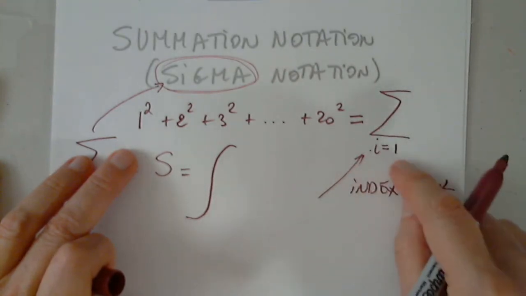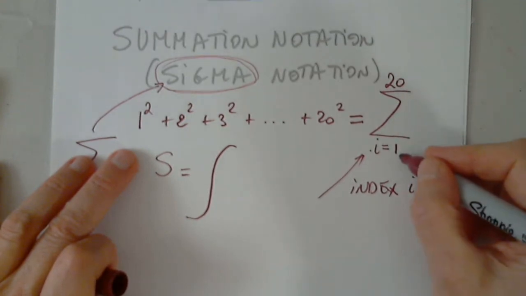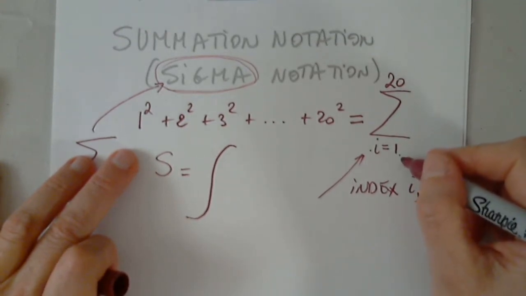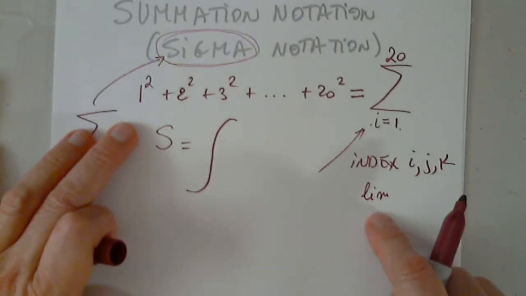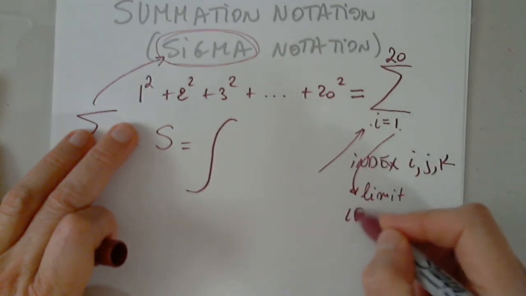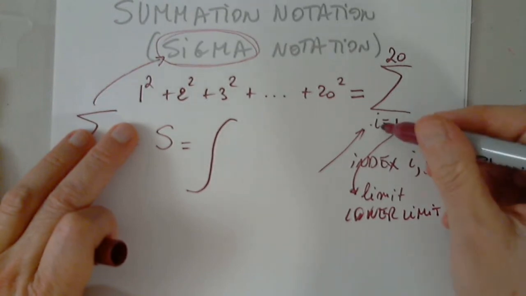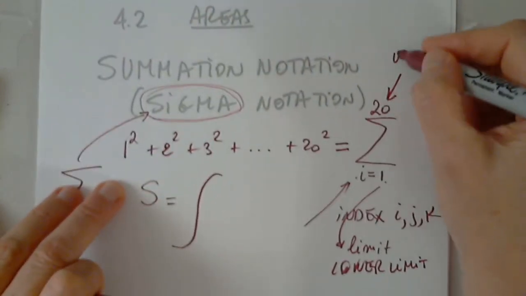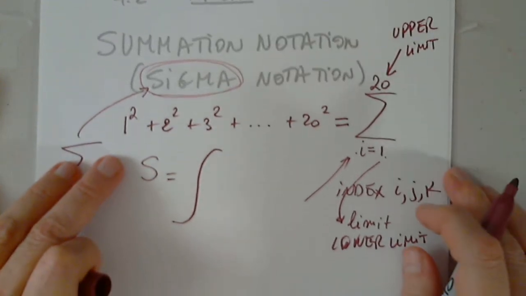So the index goes from 1 to the last one, which is 20. This is called the lower limit. It has nothing to do with the limit operator. It's just the lower limit of the index. This obviously is the upper limit.